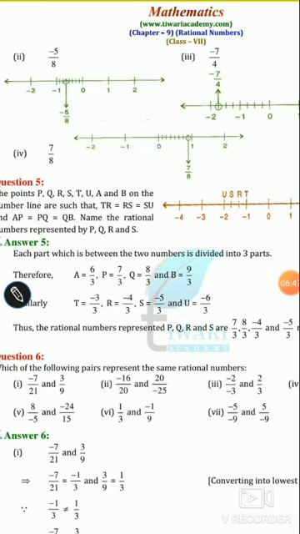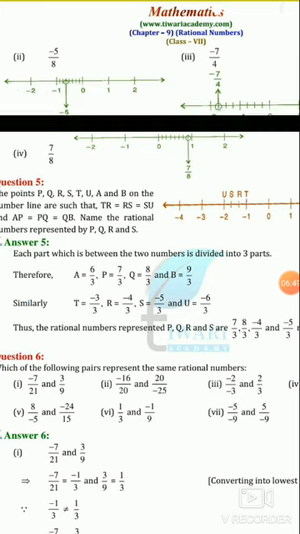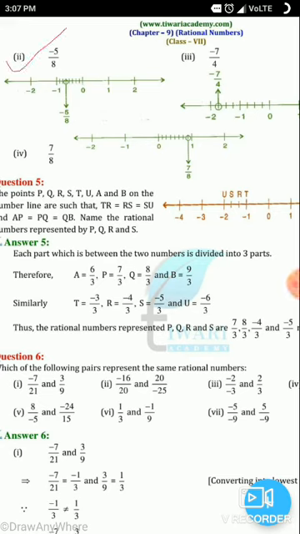Now see next question number 2, minus 5 upon 8. Okay, so this is also a proper fraction, and see here in the numerator minus 5 is there, minus sign is there, right? So this rational number comes on the left side of 0, right?